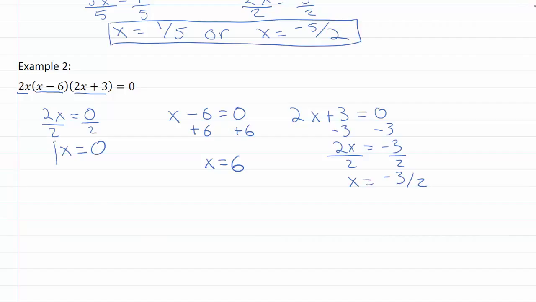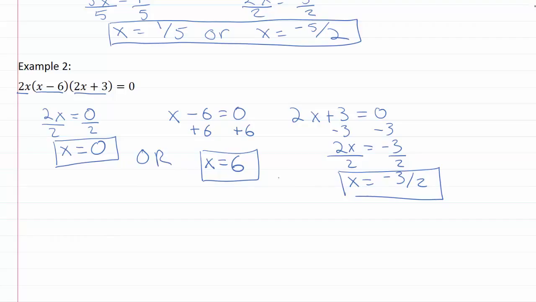So you can see here I came up with three different values that x could be. So I'm going to say x equals 0, or x equals 6, or x equals negative 3/2. All of these work to solve our original equation.